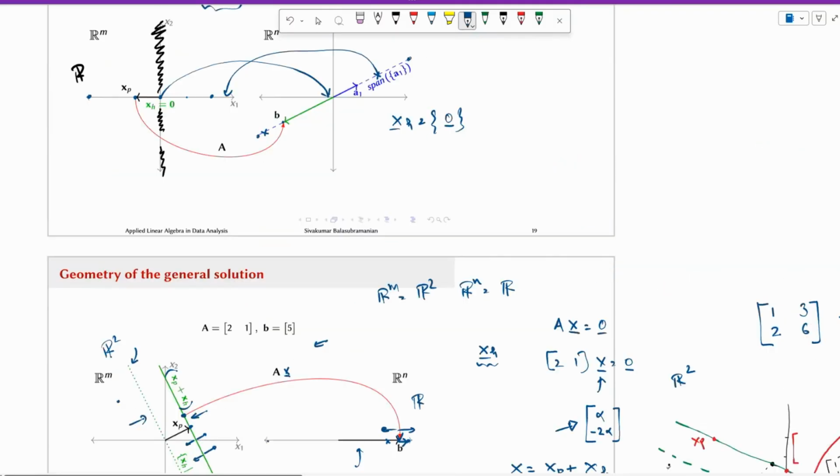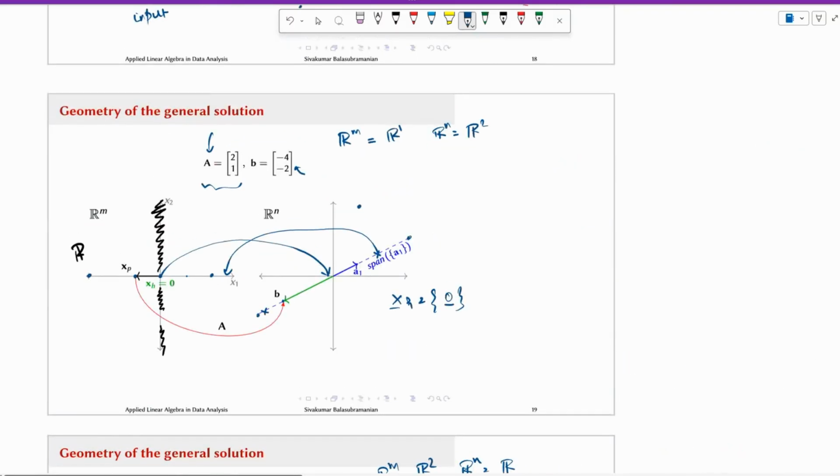What about here? Where is the null space in this particular example? The null space is simply the set of all homogeneous solutions. What is the set of all homogeneous solutions here? The input space is R1. It's just R. This is 0. Here the null space is simply this 0 element.